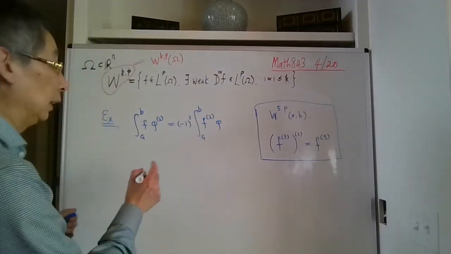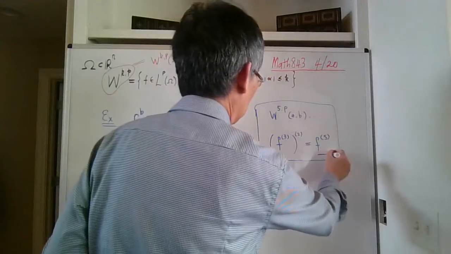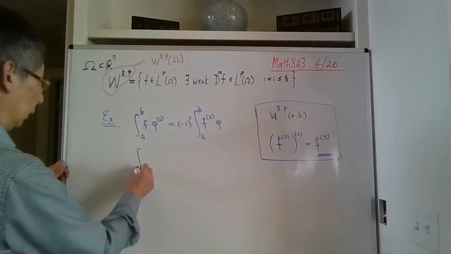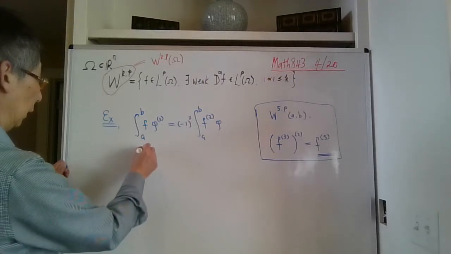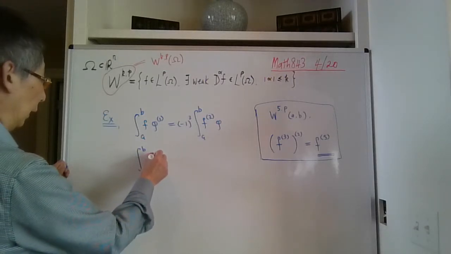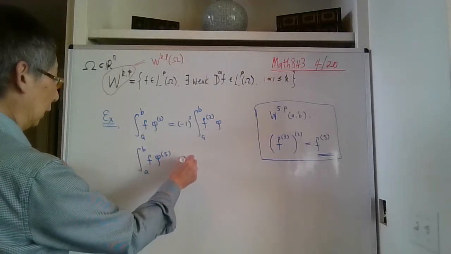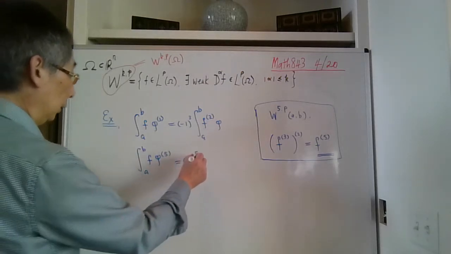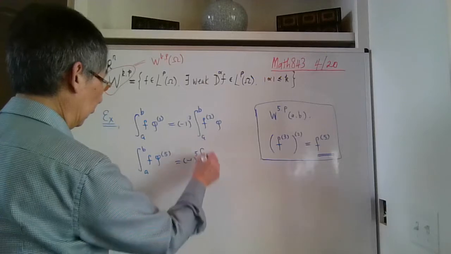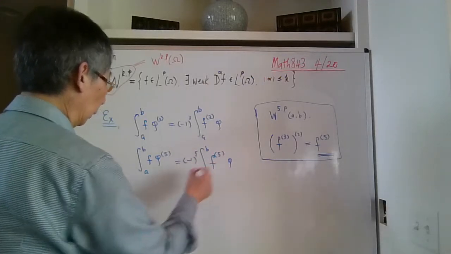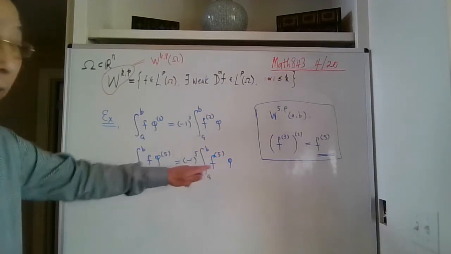And then for the fifth derivative, I have another result. The definition is the integration over AB of f5 times phi equals minus 1 to the 5th, the integration over AB of f times the fifth derivative of phi. So that's the definition for the fifth derivative.